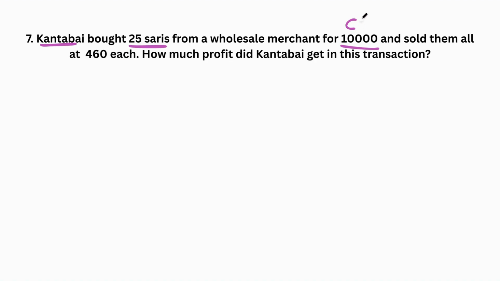That means this is her cost price, and she sold them all at 460 rupees each. That means this is her selling price of how many sari? One sari, right? They haven't given us the selling price directly of all 25 saris, that we have to calculate.